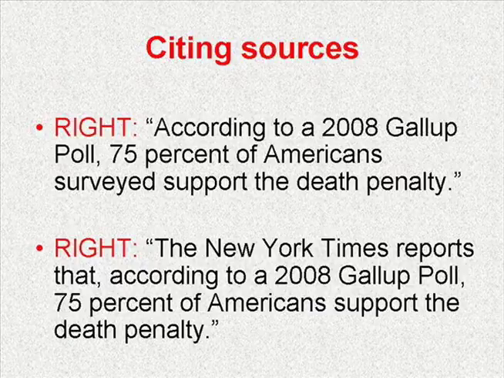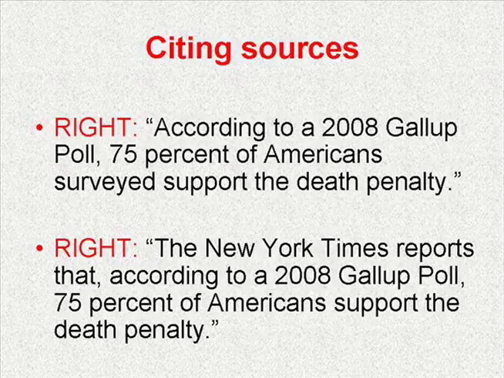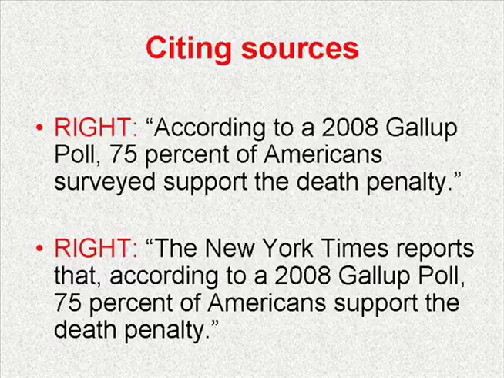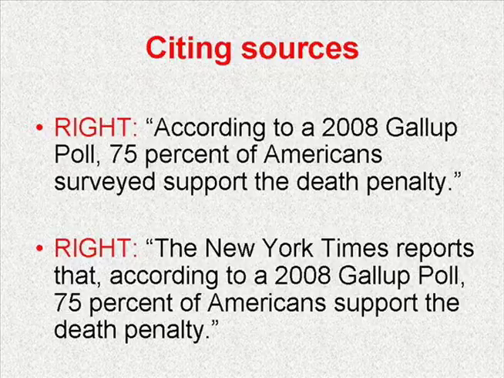If you want to be super cautious, if you have any sort of doubt about the credibility of the New York Times, or you're afraid maybe we got another Jayson Blair here, a dishonest reporter, maybe he didn't report the information accurately, then what you might say is, the New York Times reports that, according to a 2008 Gallup poll, 75% of Americans support the death penalty.